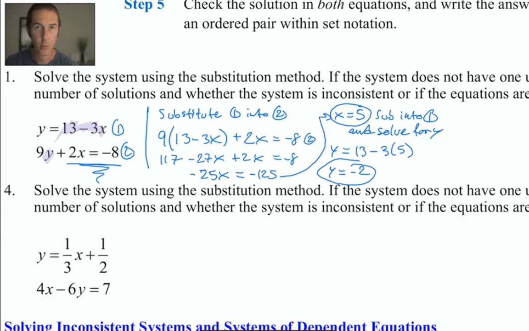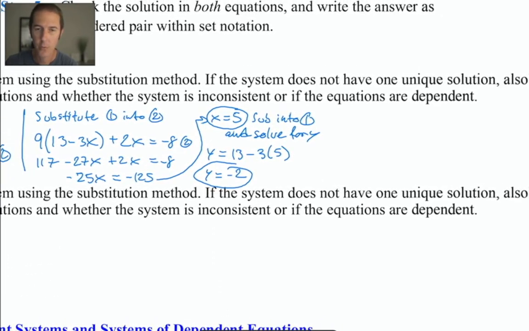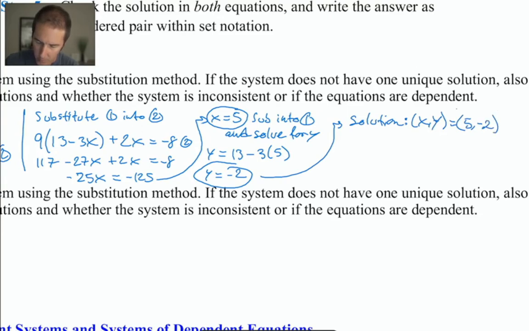It looks like there's only one point of intersection, so we will express our solution as an ordered pair. X comma y is in this problem 5, negative 2. And this is typical that your solution to a system of equations will be presented as an ordered pair.